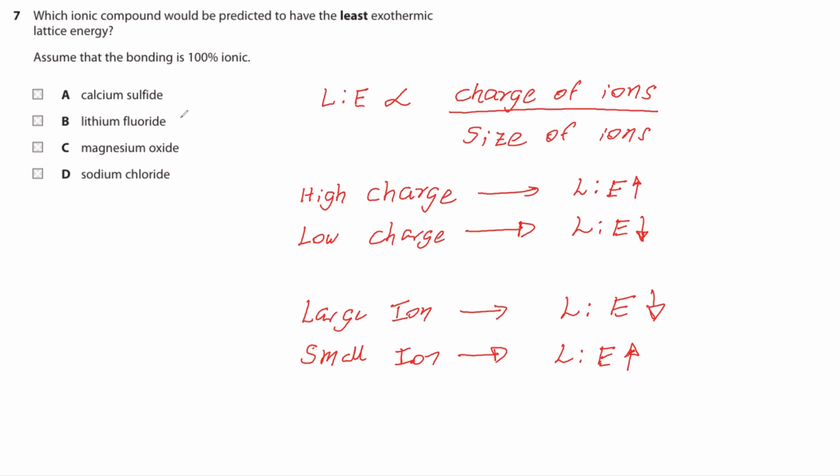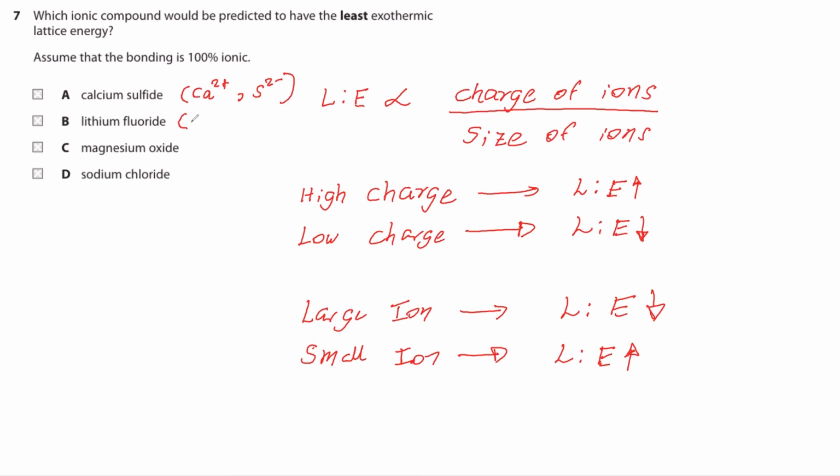Okay, assume that bonding is 100% ionic. So that means they say don't think about extent of covalency. Let's see what we are talking about here. First one is calcium sulfide. I'm talking about calcium 2 plus, and calcium is a group 2 element, and a sulfide ion which is a group 6. So calcium 2 plus and S2 minus ions are the ions involved there.